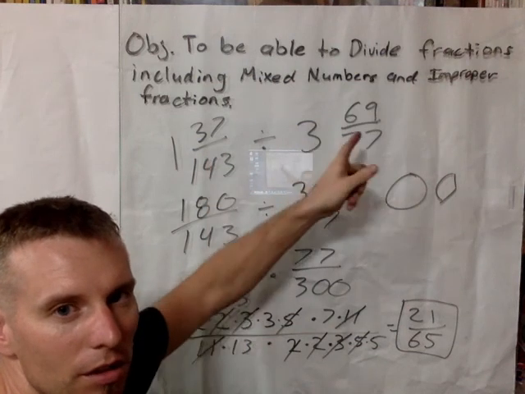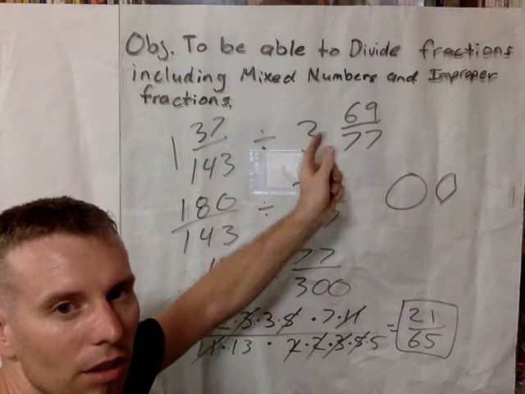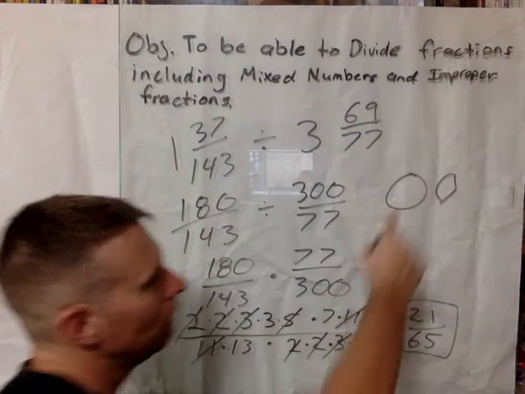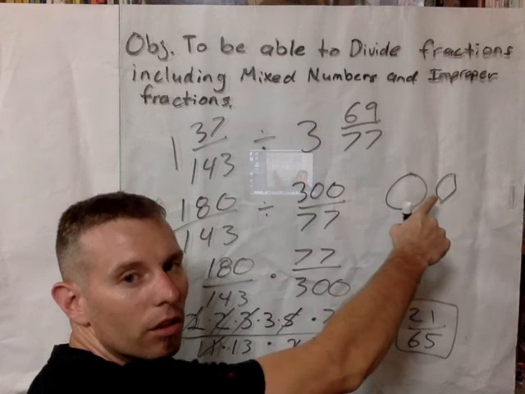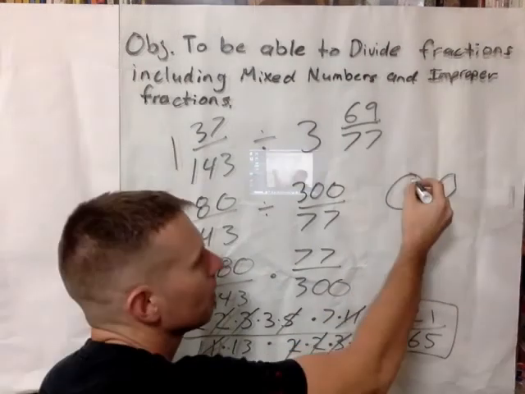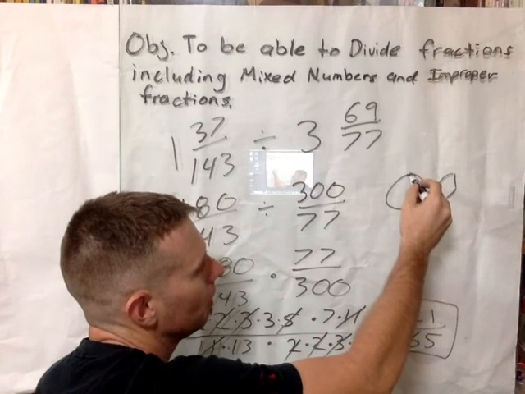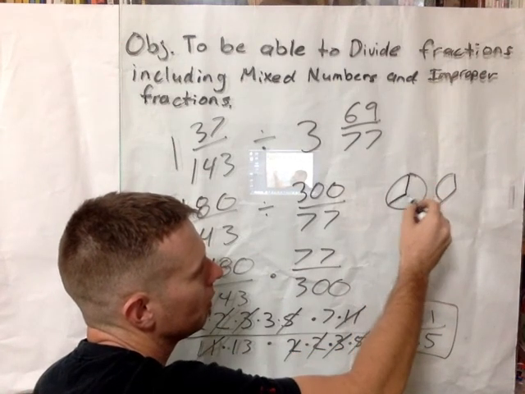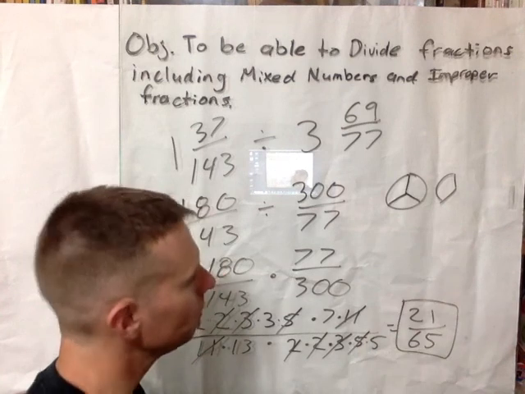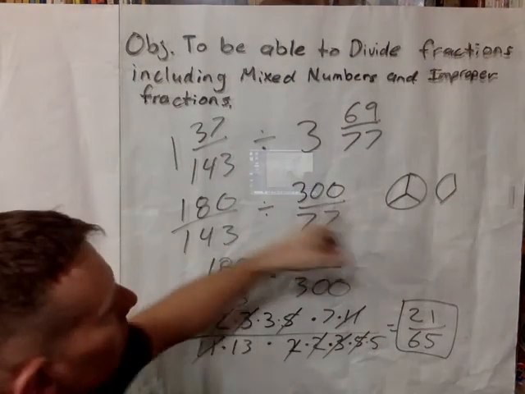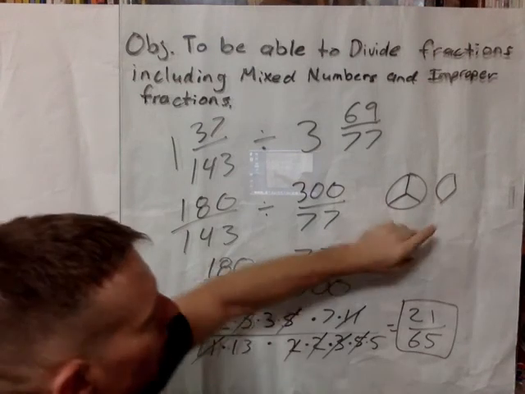And I'm going to call this, since it's 69 over 77, approximately 4. So I'm going to take this 1 1/3 and divide it into fourths.